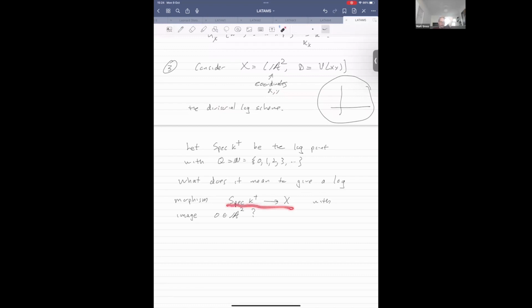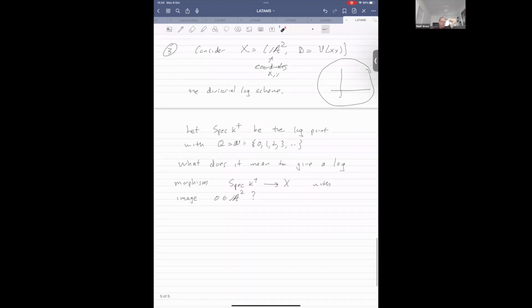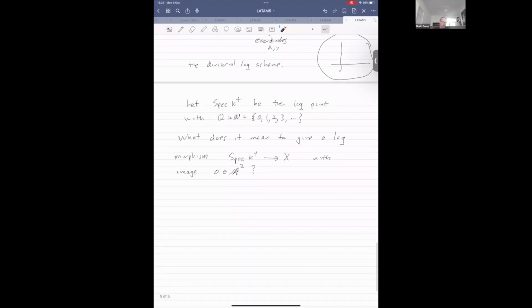I've already specified the map. We just send the point spec k to the origin, and that's the only information contained in there. However, spec k dagger isn't a divisorial log structure, so it's not entirely obvious what kind of information is contained inside the log maps. Right, so let's call this map F.